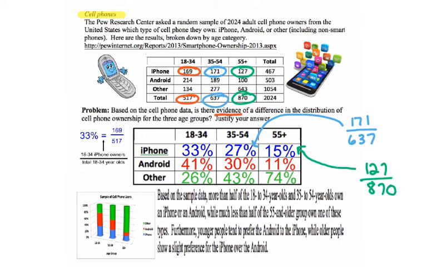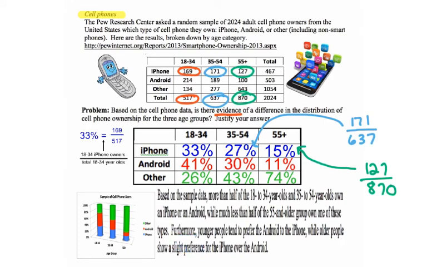Okay, so looking at the table, we could say based on the sample data, more than half of the 18 to 34-year-olds and 35 to 54-year-olds own an iPhone or an Android, while much less than half of the 55 and older group own one of these types.